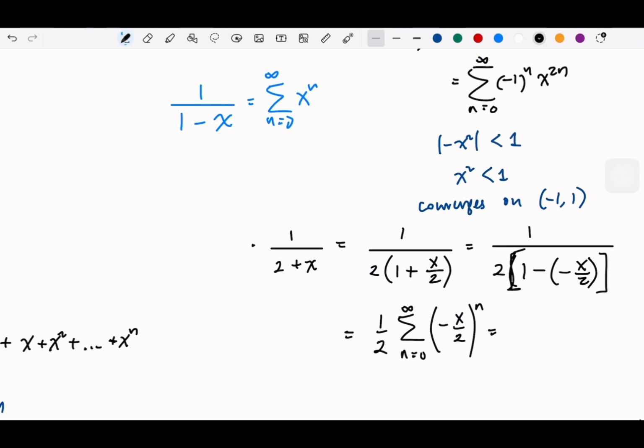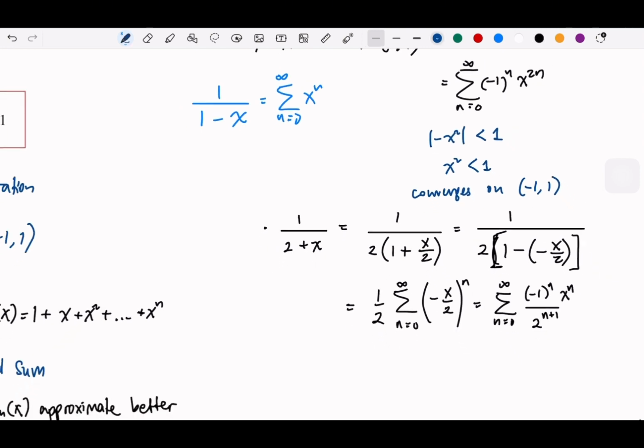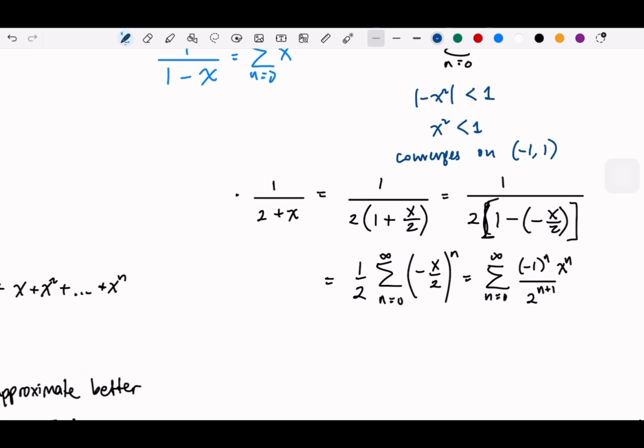And then if we want to combine all together, we can do that because it's the same 2, right? We have 2. So we can also write this as... and then for the convergence, we can see that we have negative x over 2 for the ratio.